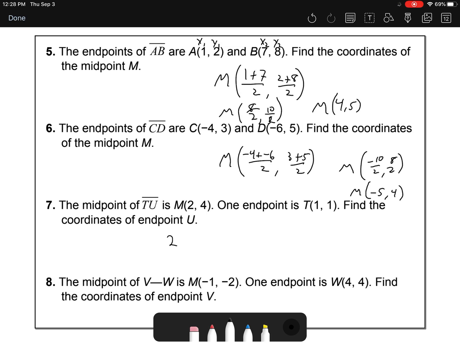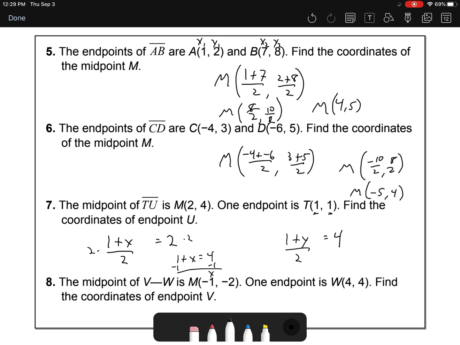Now let's work backwards on 7. We're given x is 2 for the midpoint and y is 4. This is our x, so 1 plus x divided by 2 is 2. And this is our y, 1 plus y divided by 2 is 4. Now solve it. You're going to double both sides.